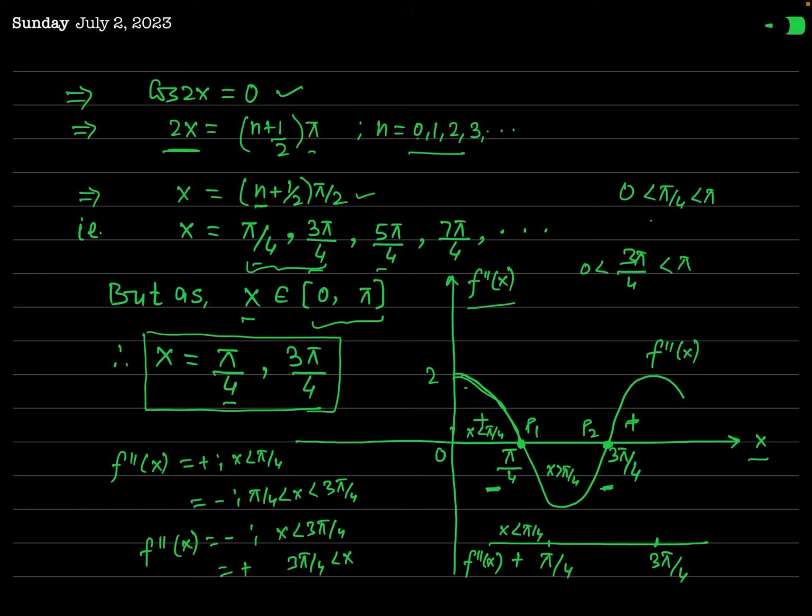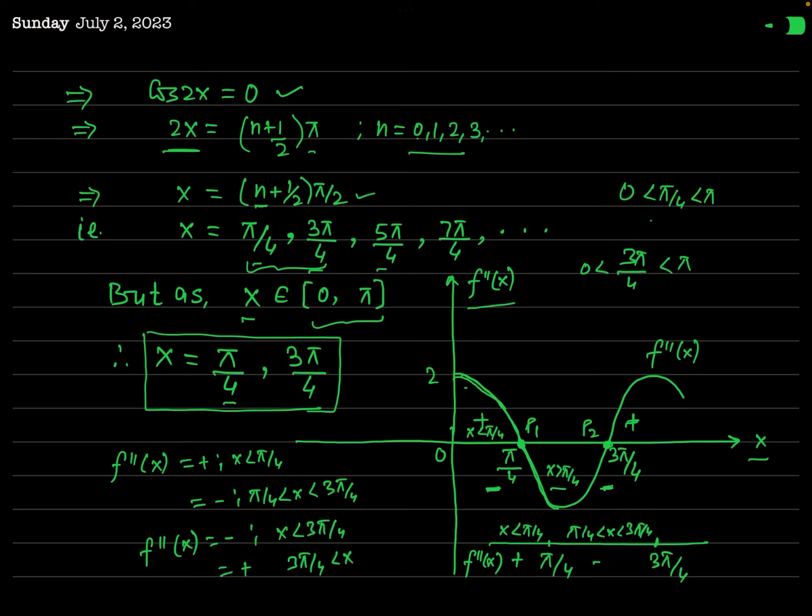And when you take a value of x which is greater than pi by 4, see the figure. The curve is below the x-axis. It means it is on the negative side. And so this becomes negative in the region where pi by 4 is less than x, and x is less than 3 pi by 4.